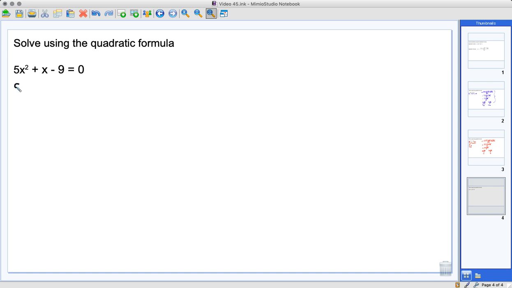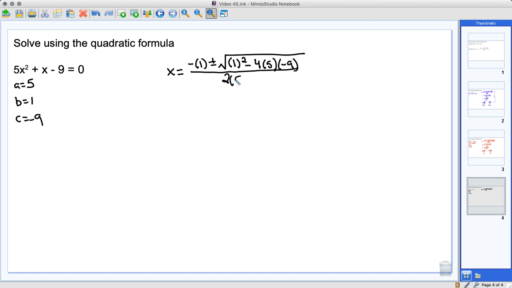In this one, A is 5, B is 1, C is negative 9. So we get x equals negative 1 plus or minus the square root of 1 squared minus 4 times 5 times negative 9, all over 2 times 5.